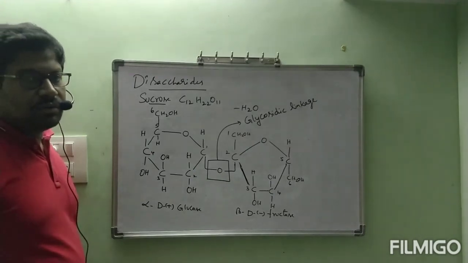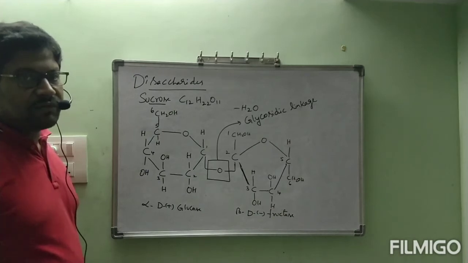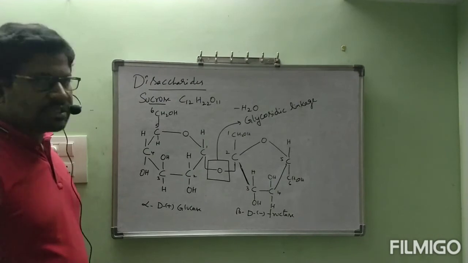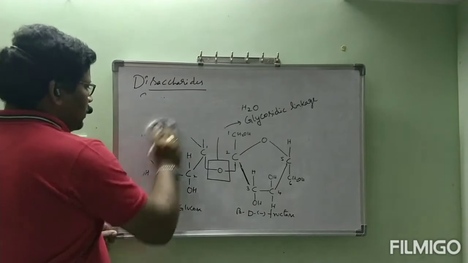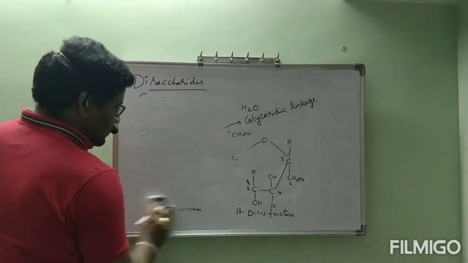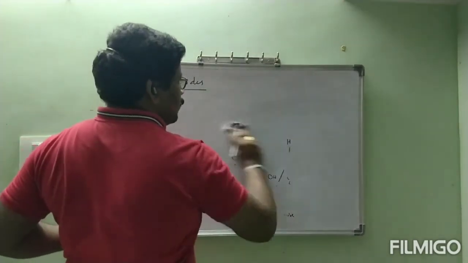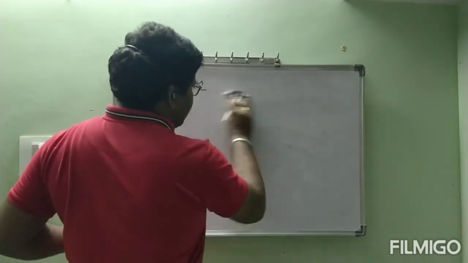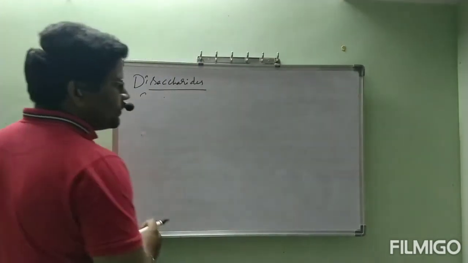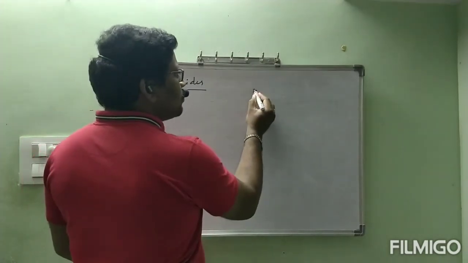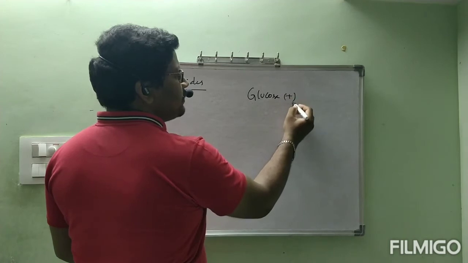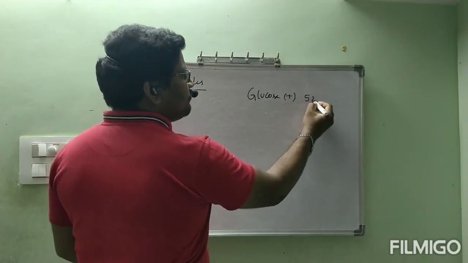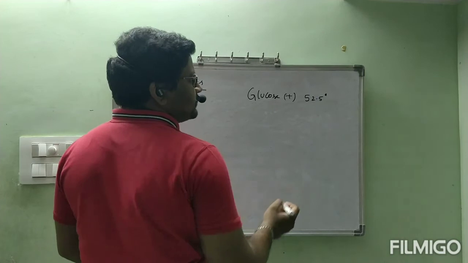Here we have to go through one more point, that is inversion of sugar. What is that inversion of sugar? Now I am going to explain. Okay, see the points marked here. Glucose is dextrorotatory with angle 52.5 degrees.